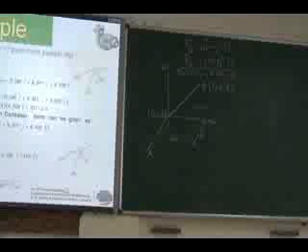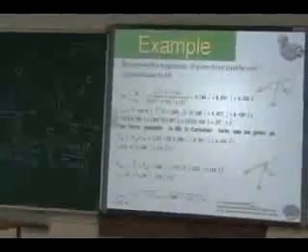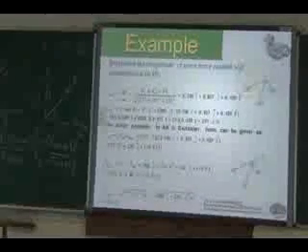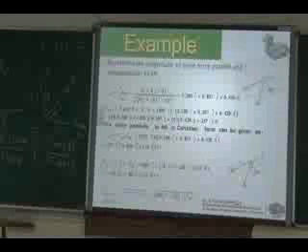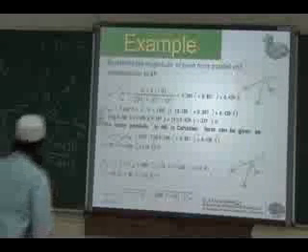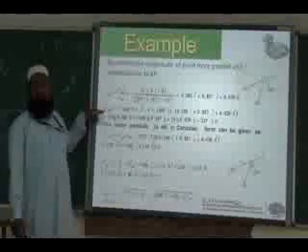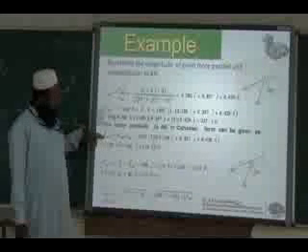So after finding our position vector AB, we find the unit vector along AB. So we find the unit vector first, then scalar AB next, then vector AB.